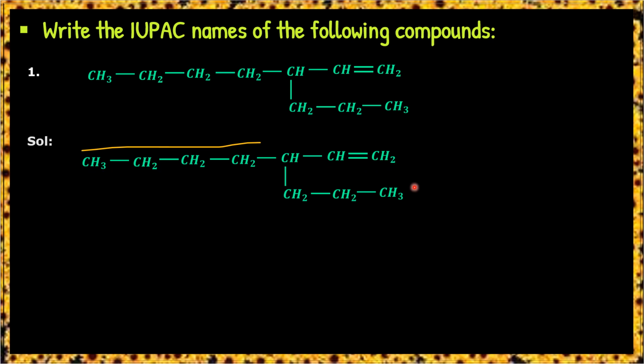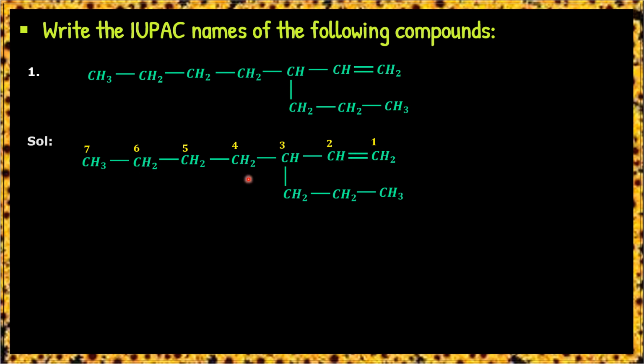After selection of the longest chain, we have to give numbers to the carbon atoms in that chain. Here I am giving numbering from right to left. The position of the multiple bond should get the lowest possible number. If numbering is done from right to left, the first carbon contains the double bond.